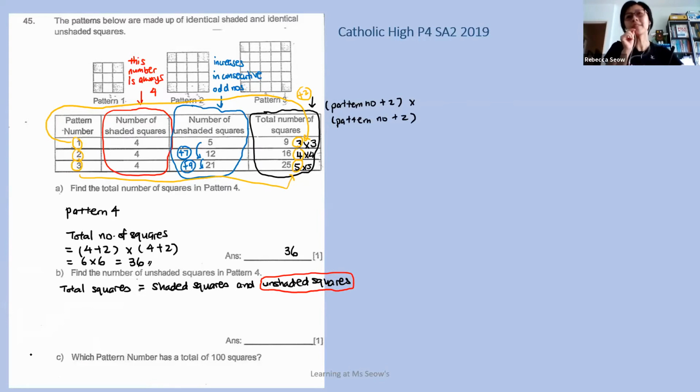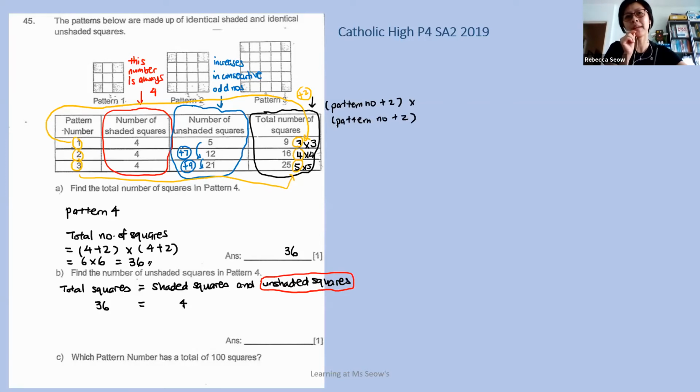From the previous question in A, we know that the total number of squares in pattern 4 is 36. So we could put down 36 where the total number of squares is. Now, could we find the shaded squares for this pattern? Yes, if we look at column 2, we realize that the number of shaded squares remains constant at 4 regardless of the pattern number.